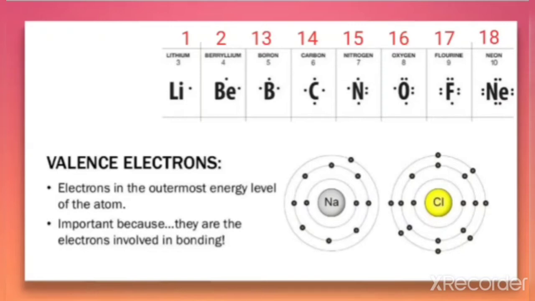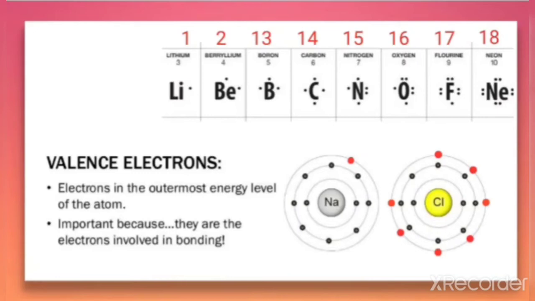In both cases, 3 shells are there. So let us mark the outermost shell with red color like this. Now you can count it very easily. There is a single electron in the outermost shell of sodium, so the valence electron for sodium is 1. And for chlorine, there are 7 valence electrons.